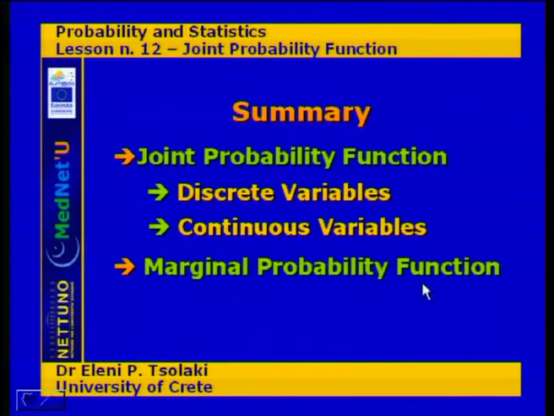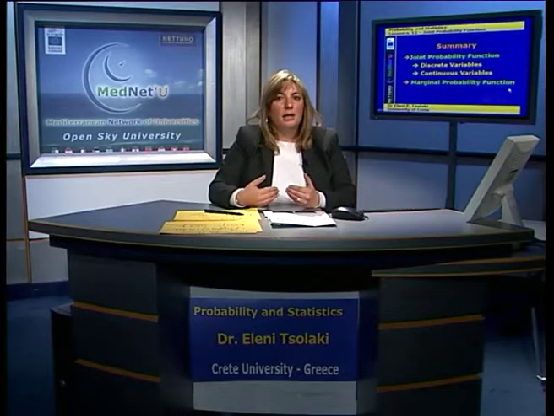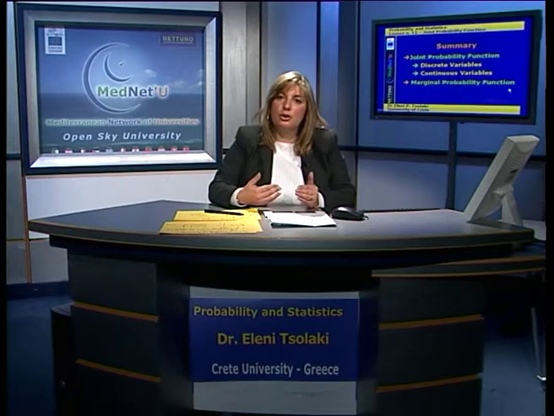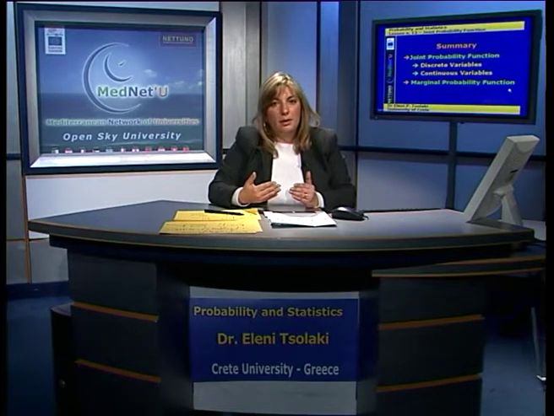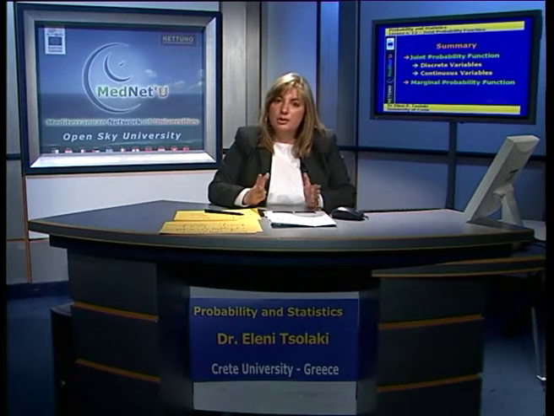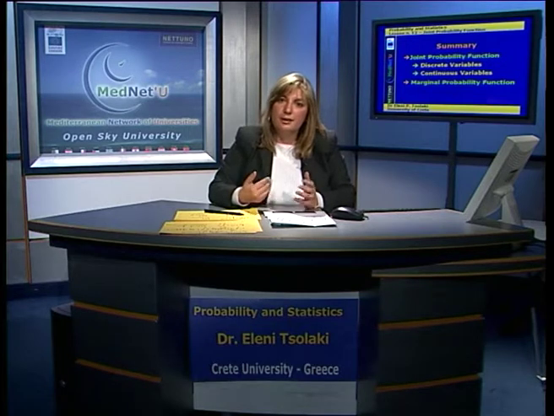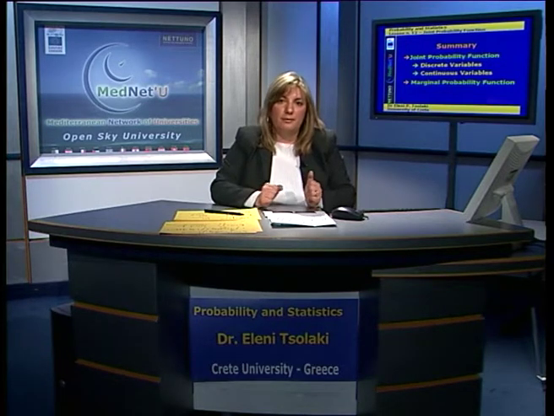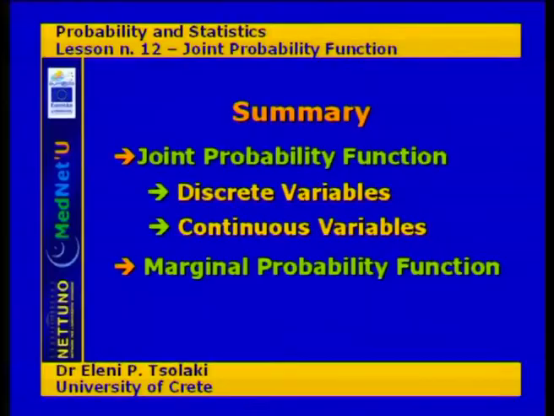We have seen the marginal probability function, which we've said is actually the probability function of x and or y when we have one random variable. It is called marginal because we derive it from the joint probability function. And we've seen examples on how to calculate joint probability function for discrete variables, how to derive marginal probability function for discrete and continuous variables.